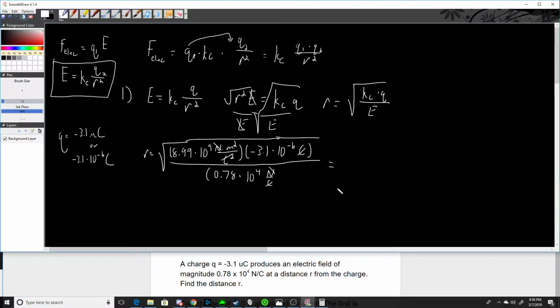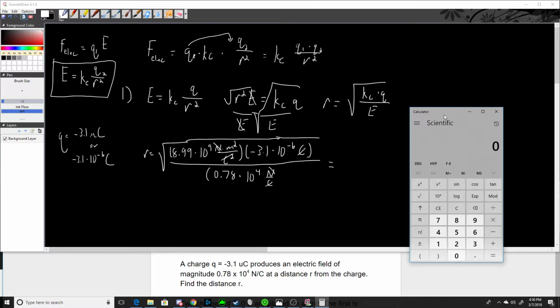All right, so now let's go ahead and actually plug this in. So calculator over. Let's go square root. 8.99 times 10 raised to the ninth, close parentheses, times open parentheses, 3.1 times 10 raised to the negative 6, close parentheses, divided by, oh, I even forgot a parentheses there.